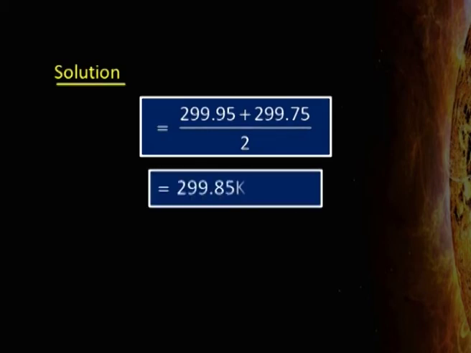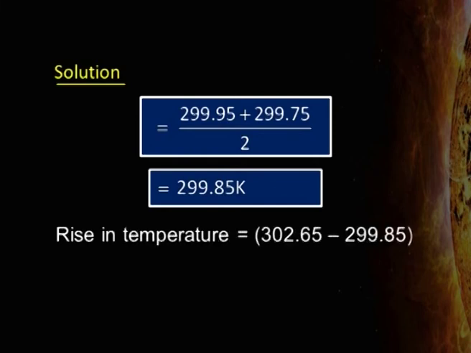Hence, the initial average temperature of acid and base has to be calculated, which is 299.95 plus 299.75 divided by 2, equal to 299.85 Kelvin. Therefore, the rise in temperature will be 302.65 minus 299.85, which is equal to 2.80 Kelvin.